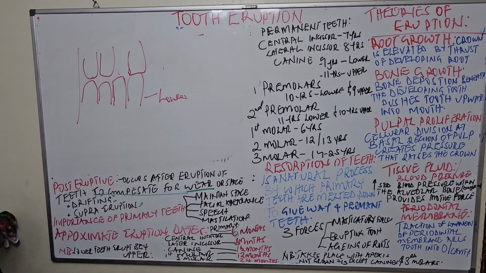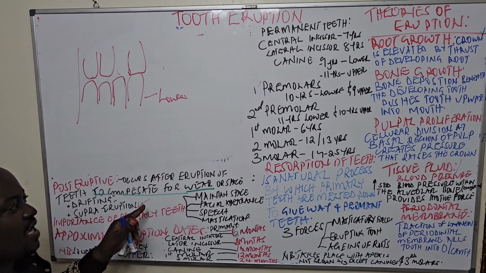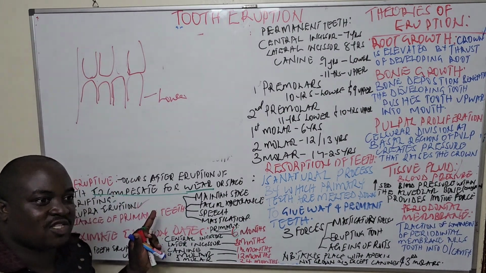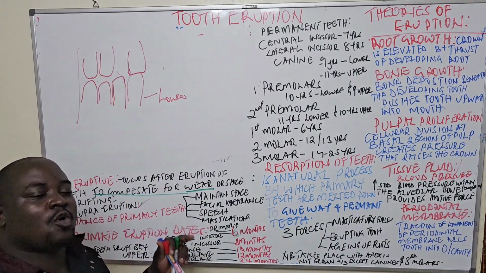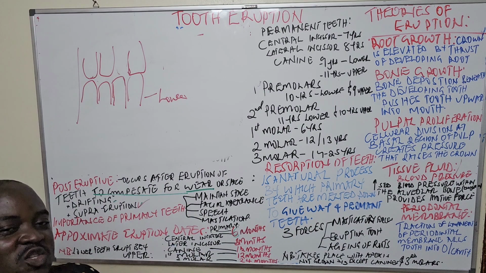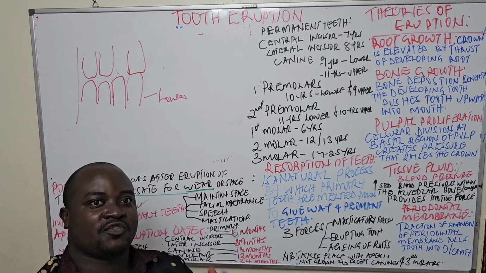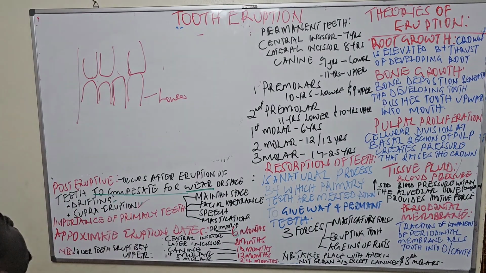Apart from drifting, we can have what we call supra eruption. Remember, all these are movements of a tooth that are taking place post-eruptive, or after eruption of all the teeth. That's why we are saying post-eruptive movements. What is supra eruption?